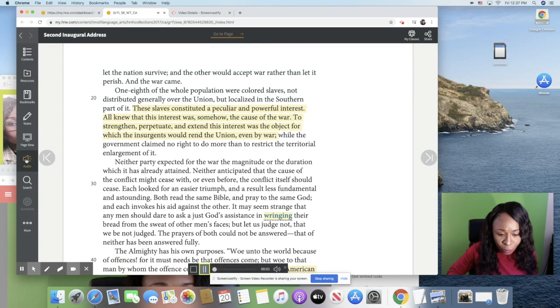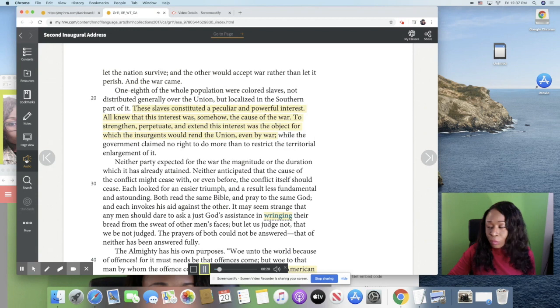And the war came. 1/8 of the whole population were colored slaves, not distributed generally over the Union, but localized in the southern part of it. These slaves constituted a peculiar and powerful interest. All knew that this interest was, somehow, the cause of the war.